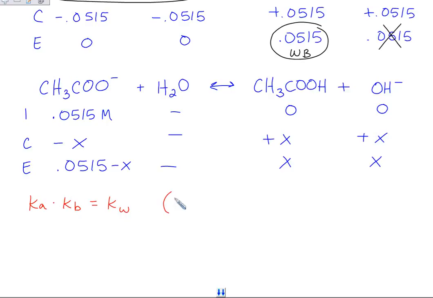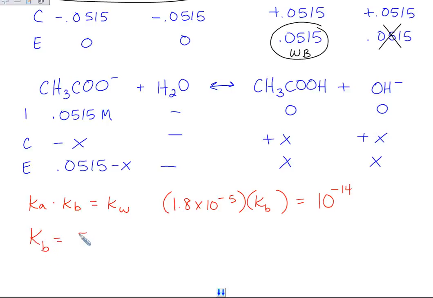The original Ka was 1.8 times 10 to the negative 5th. We're looking for Kb because we've got the base ion. And that should equal Kw, 10 to the negative 14th. So it's not hard, but it's something that we can't forget to do. We're using the base ion of that original weak acid. So I got my Kb.